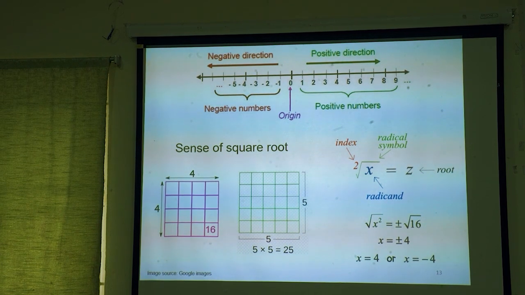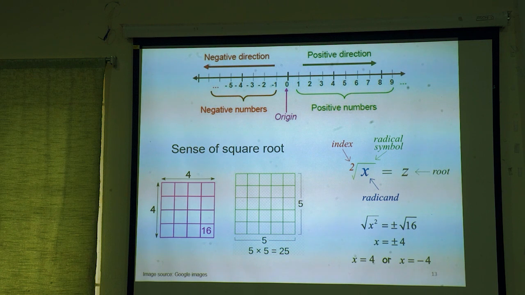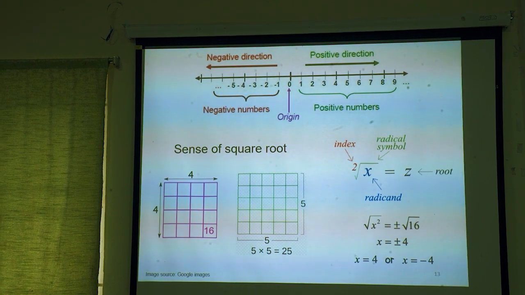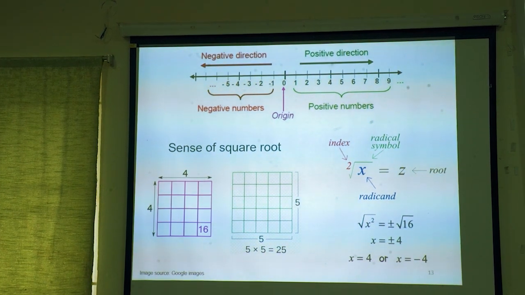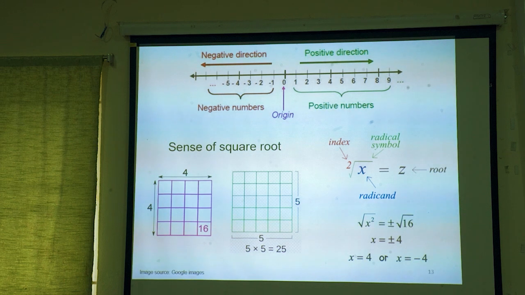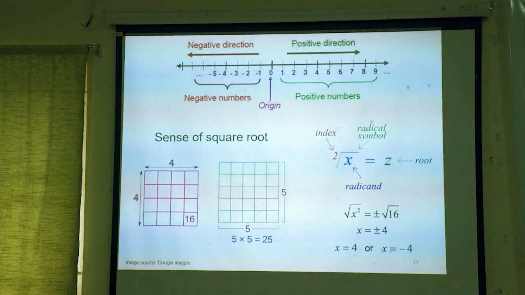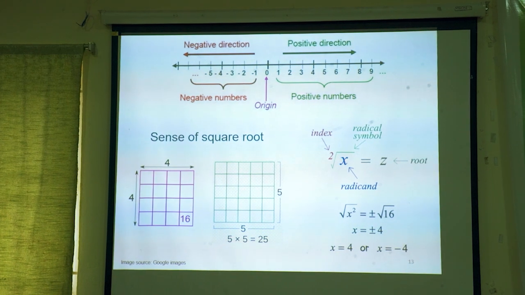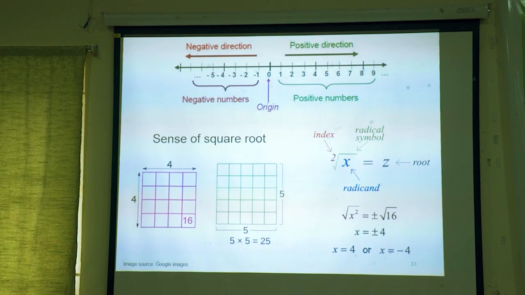You got it? So any angle, what really can you feel? Pi or 2 pi, that much you can feel. All other angles you have to imagine. Please understand. Pi is negative, 2 pi is positive. This much only you can feel.